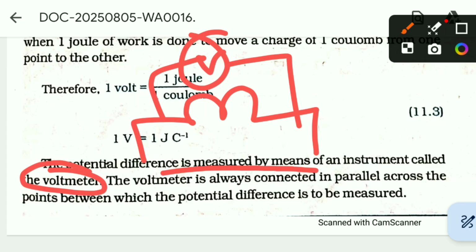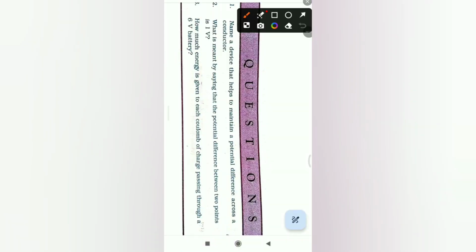Understood? So in the next concept we will discuss the problems. Okay, see here, first question: name a device that helps to maintain a potential difference across a conductor. Simple. Which one? That is voltmeter. Okay, so see the second question. What is meant by saying that the potential difference between 2 points is 1 volt?